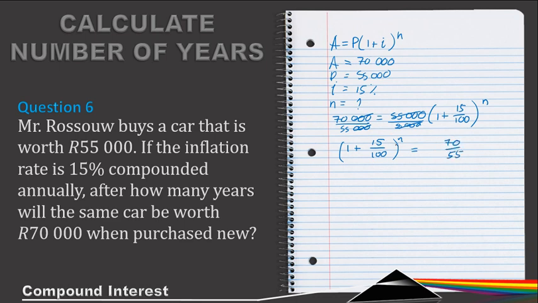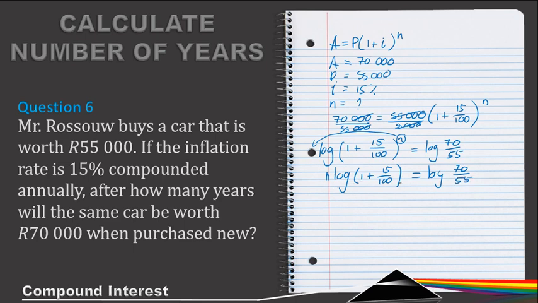Now to get the exponent, when we have a base and exponent equal to a number, we can log both sides if the unknown is the exponent. So we log both sides, and then we use the log law that says we can bring the n over and put it in front of the log. So this is n log of (1 + 15/100) equal to log of 70 over 55.